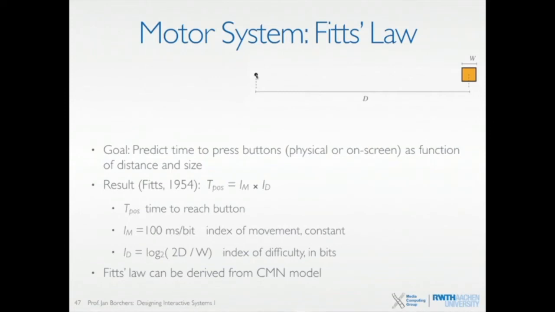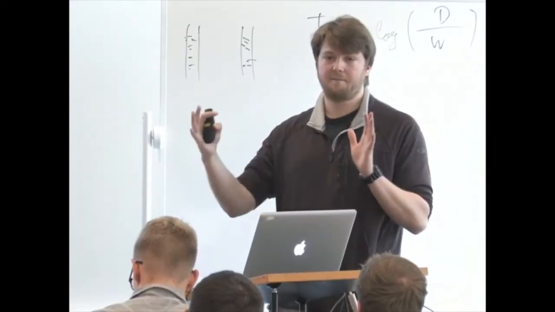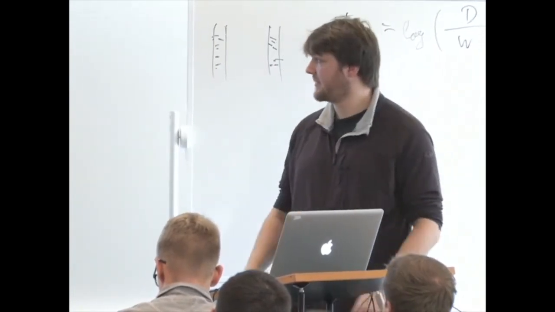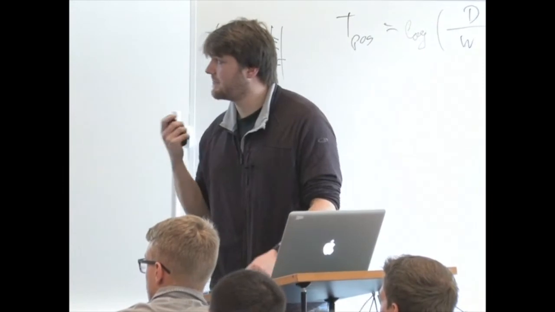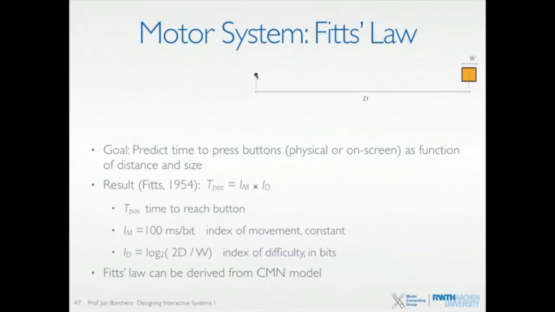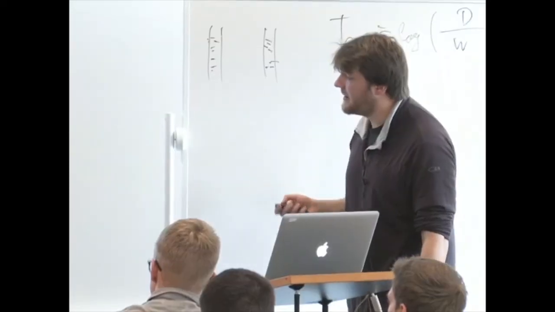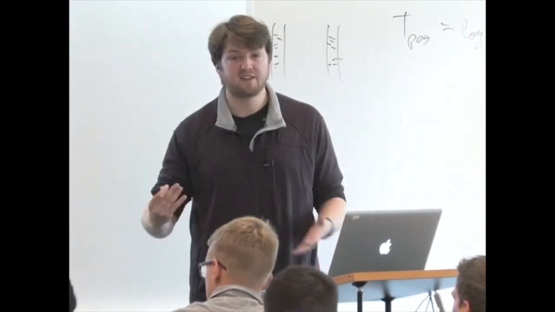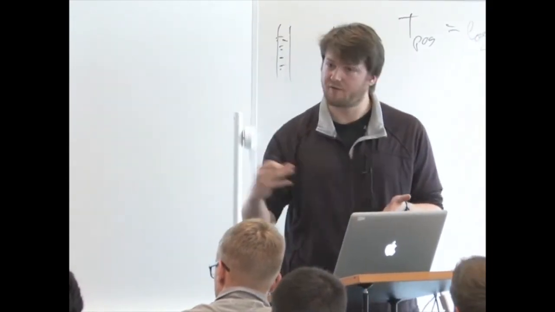And the formula he developed is reliant on the distance I have to reach the target and how big the target is. And the result is Fitts' law, which he published in the middle of the 50s, where I have the result, the time I need to get to a certain position. It depends on an index of movement, which is here arbitrarily set to 100 milliseconds for rough estimates. That was proven to work fine.